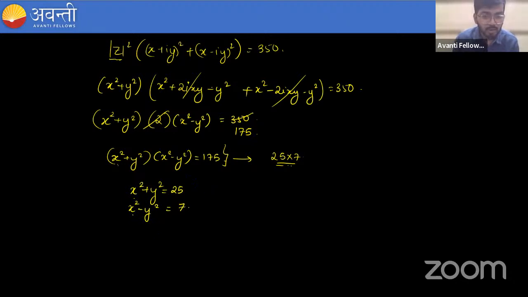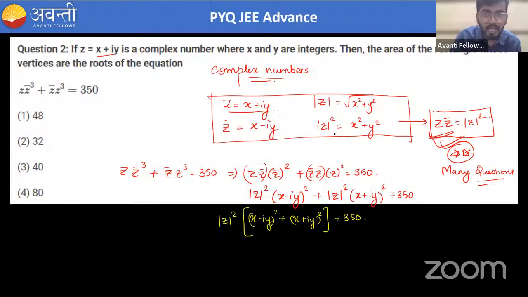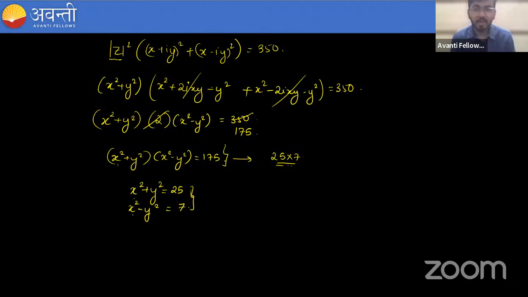And one more thing, we have done this because x and y are supposed to be integers, right? So there was another possibility to write this 175.